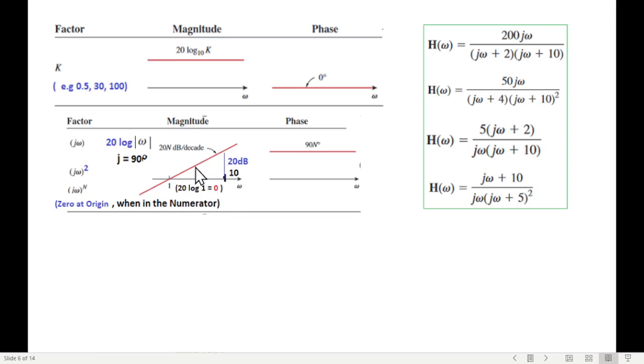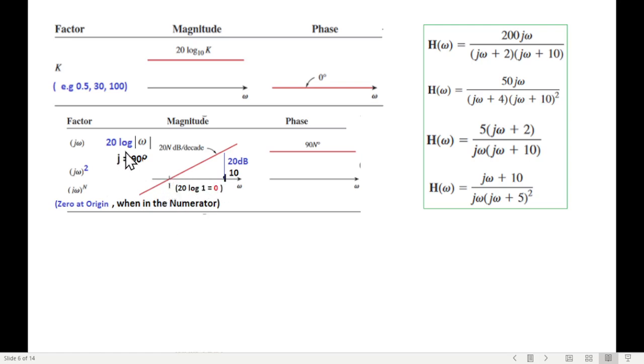That means the amplitude curve will cross the 0 point. This is one of the points we have to keep in mind, that at omega 1 it will cross the 0 line. Number 2, what about the slope?